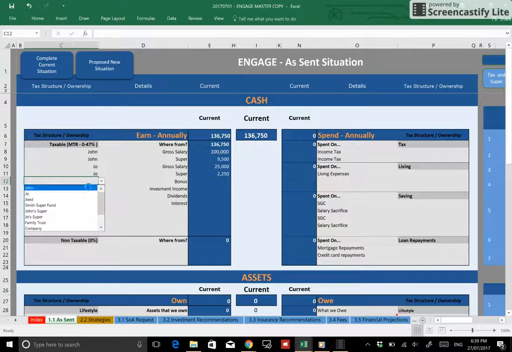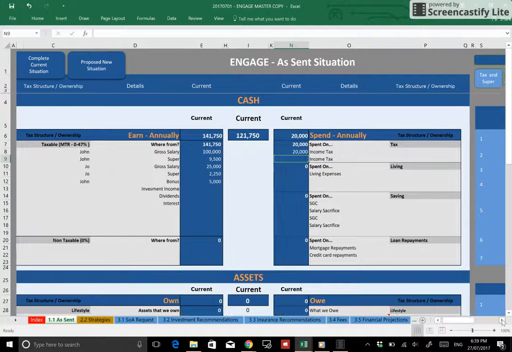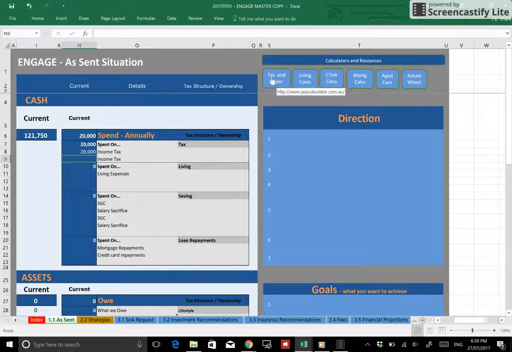John gets a bonus of $5,000. But they don't have any investment income, dividends, or interest. We know that John's tax is about $22,000, about $20,000. And if we go to this tab over here, this will bring up a pay tax calculator.